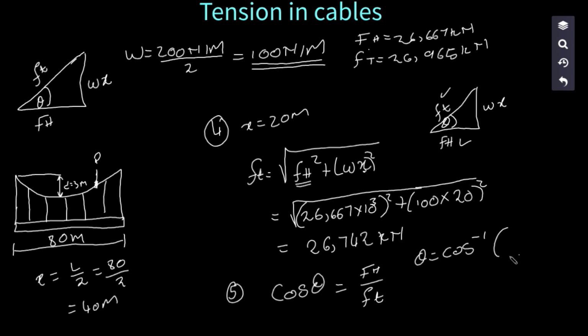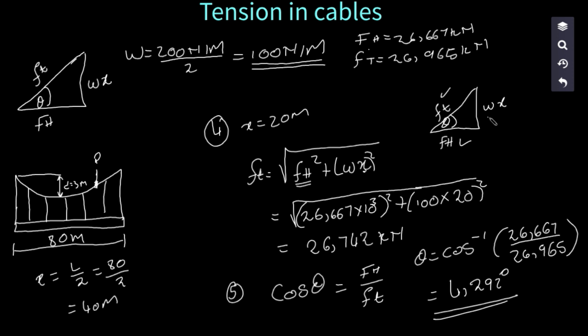Our FH is 26.667 divided by our FT, which is 26.965, and this will give us an angle of 4.292 degrees. You can also use tan to calculate for the angle, where we are going to use the opposite over adjacent. But the answer should also be the same as this one.